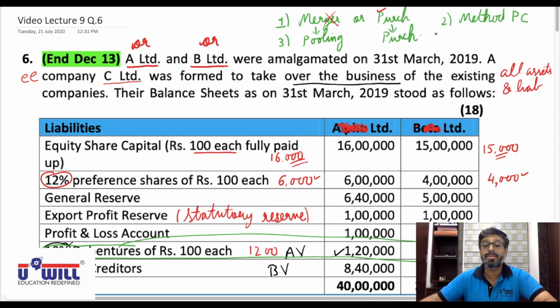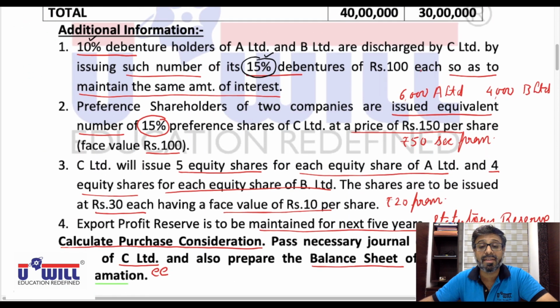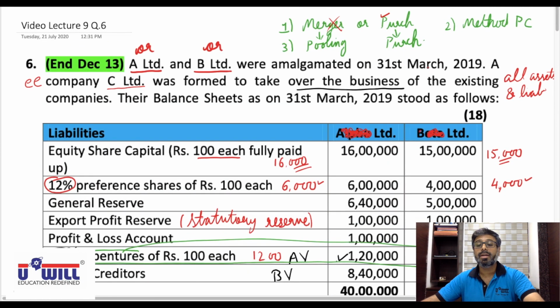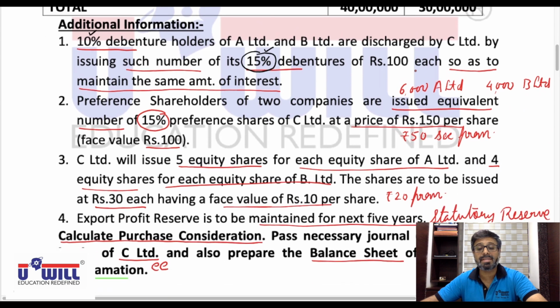So let's go ahead. Which method of purchase consideration? Now there are three methods of purchase consideration. Number one, lump sum method. Of course, it's not lump sum method. Is the purchase consideration amount directly given to you? No. Second, net payment method. Here the modes of payments are given to you.